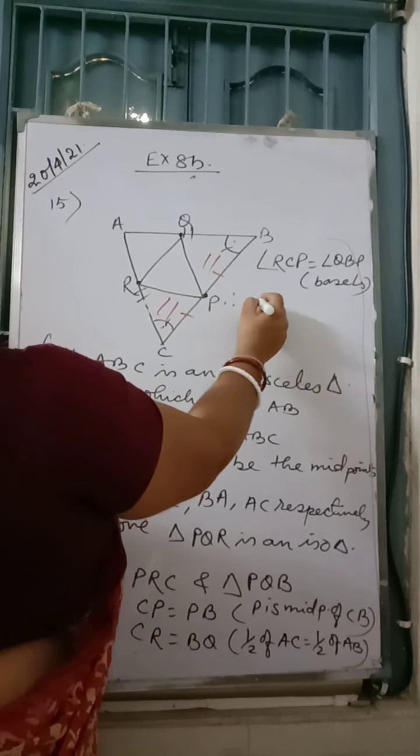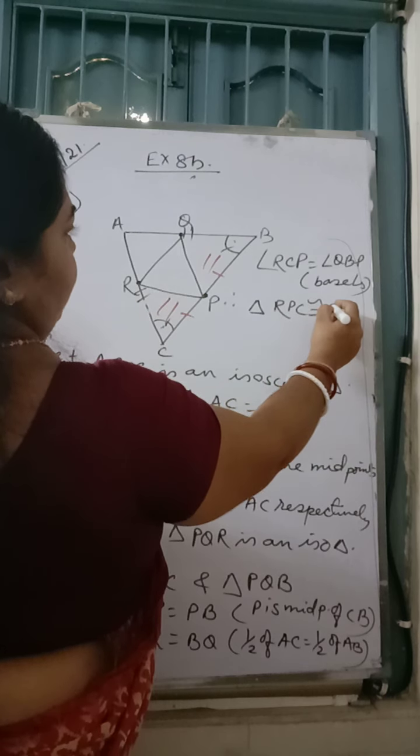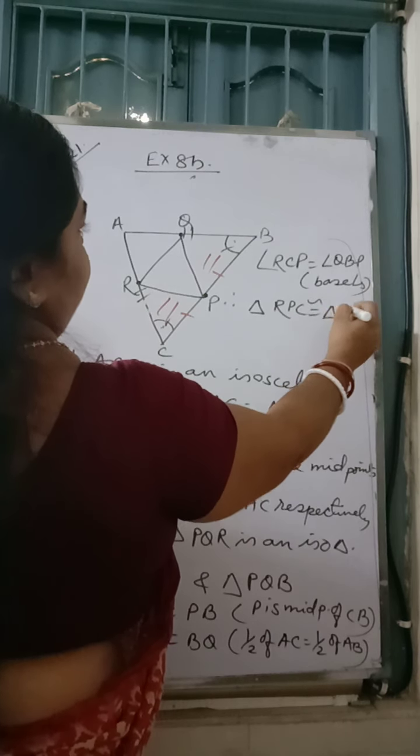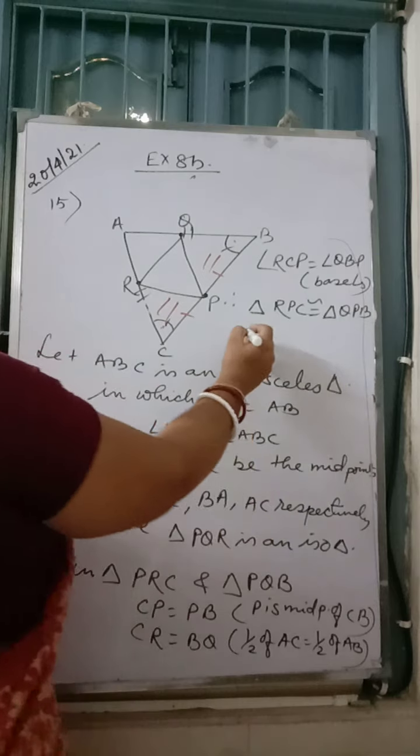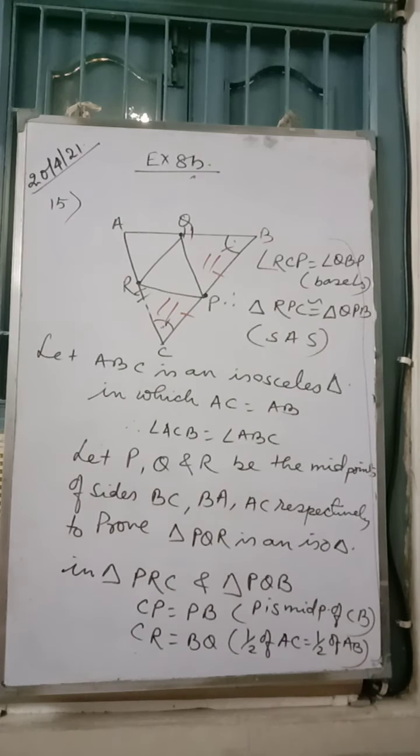So therefore, triangle RPC is congruent to triangle QPB, side, angle, side. So once the triangles are congruent, what does it prove?